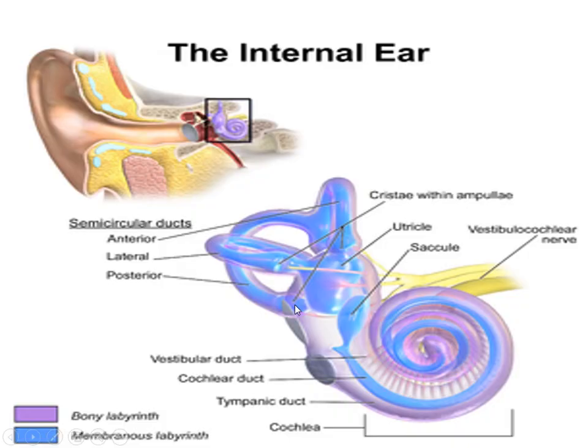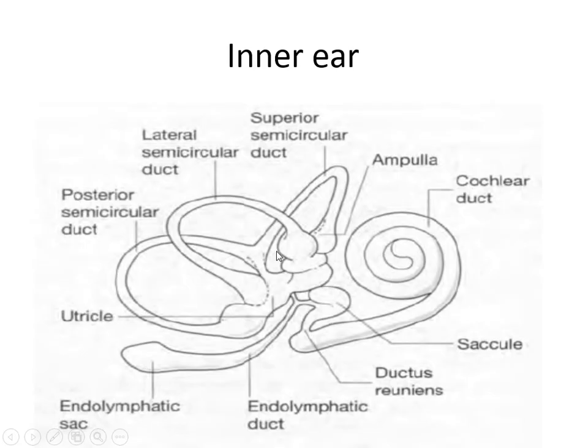The semicircular canals lead to the ampulla, and the ampulla leads to the utricle. While the cochlea leads to the ductus reuniens, and then into the saccule.